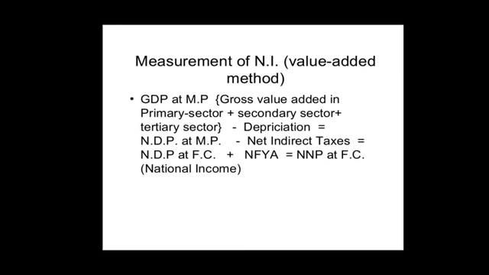The deduction of depreciation from gross domestic product at market price will give us the net domestic product at market price, and the deduction of net indirect taxes, that is indirect taxes minus subsidies, from net domestic product at market price will give us net domestic product at factor cost, and finally the addition of net factor income from abroad to the net domestic product at factor cost provides us the estimate of net national product at factor cost, which is the estimate of national income.